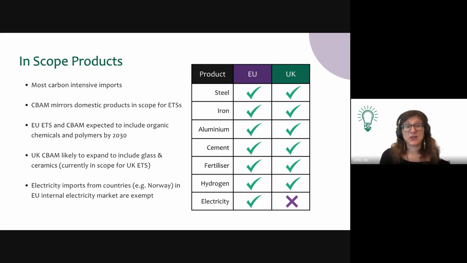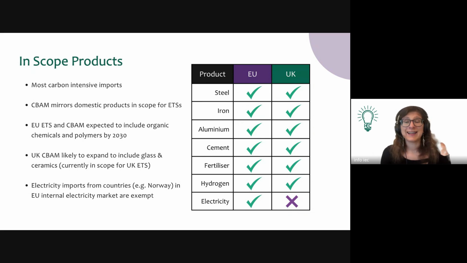These CBAM regimes are both expected to expand. So the UK's initial consultation included ceramics and glass, but it was decided that this was too complex to introduce in the first round. But there is a stated expectation that this list will be revised both for the EU and the UK by 2030. The EU in particular is looking at organic chemicals and polymers.